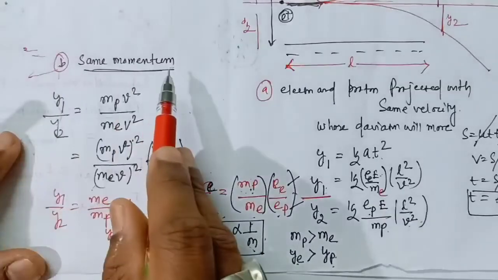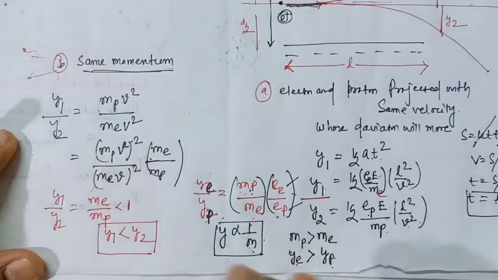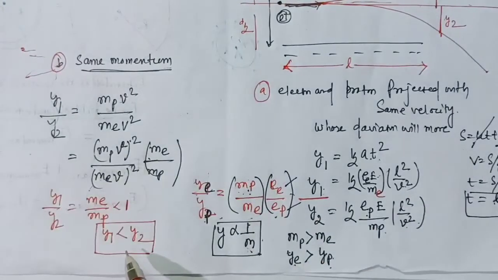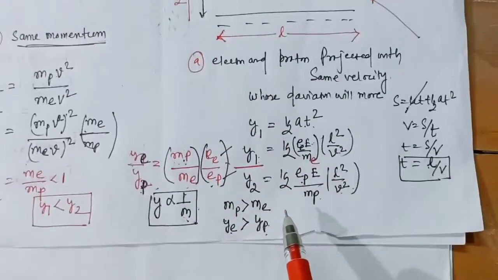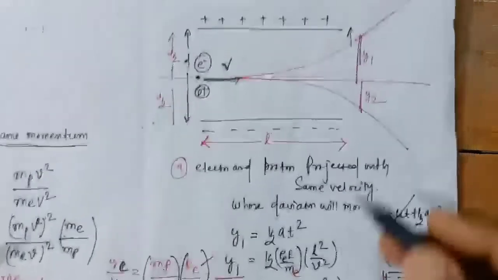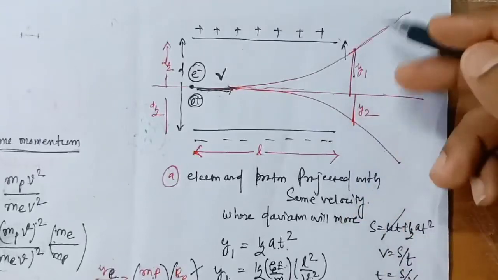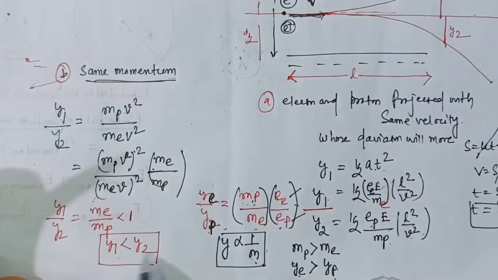If the electron and proton are projected with the same momentum, the proton can deviate more as compared to the electron. If projected with the same velocity, the electron will deviate more than the proton. If projected with the same momentum, the deviation of the proton is more than that of the electron.